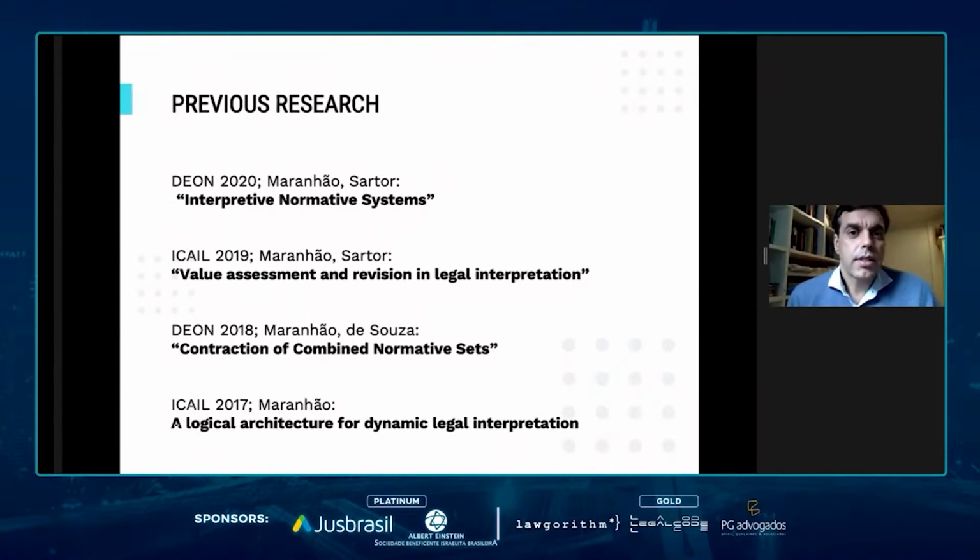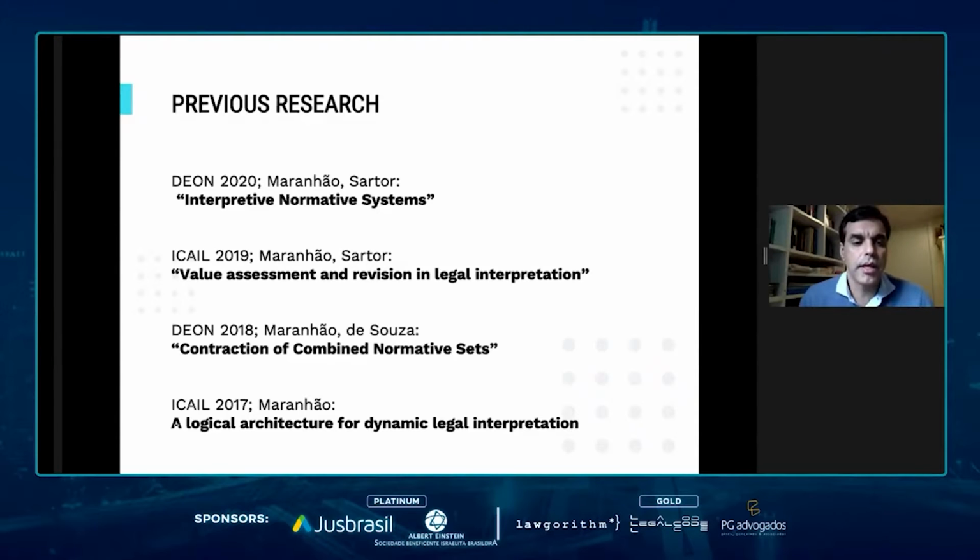This research is a continuum with respect to previous research. The first one was presented at ICAIL 2017, where we discussed a logical architecture for the dynamics of legal interpretation. We were concerned with the interplay between changing rules, changing meaning ascription and changing values which are underlying those rules.